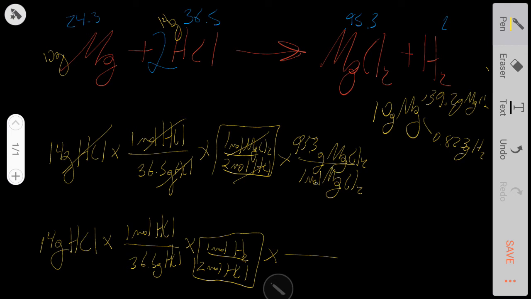So moles MgCl2 cancels with moles MgCl2. We'll get an answer there in a minute. To finish setting up this one, I ran out of ink down here for a moment. In 1 mole of H2, I have 2 grams. So moles can cancel, moles HCl can cancel, grams HCl cancel.